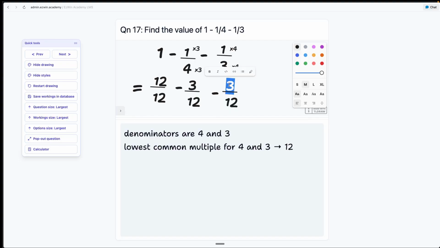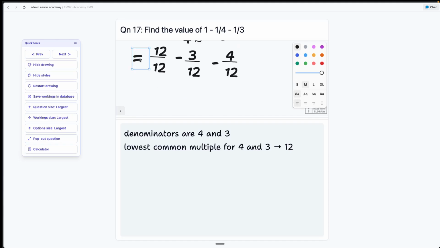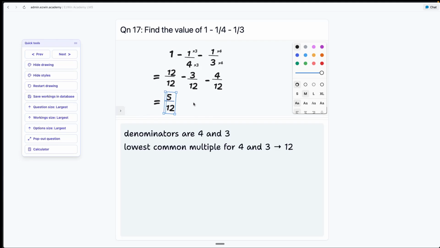So essentially it will just be 12 minus 3 minus 4, which becomes 5 out of 12. Sorry, I said 7 earlier, but 12 minus 3 minus 4 is 5. With fractions questions, you also need to make sure that if you can simplify this, you do. Since we can't, that's fine. So we just leave it as 5 out of 12. Okay, that's it.